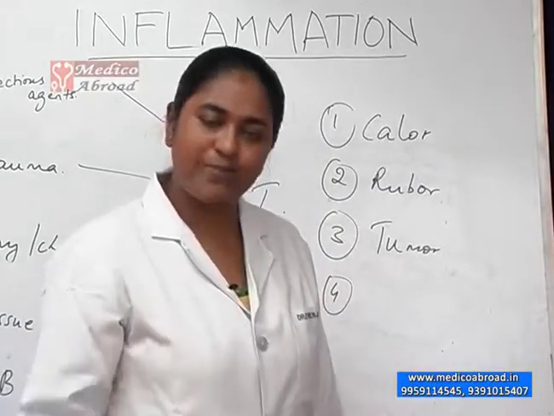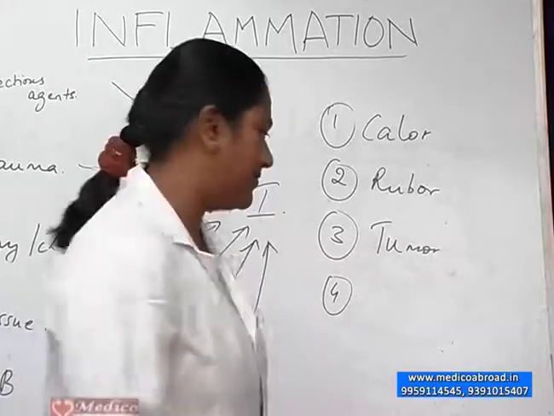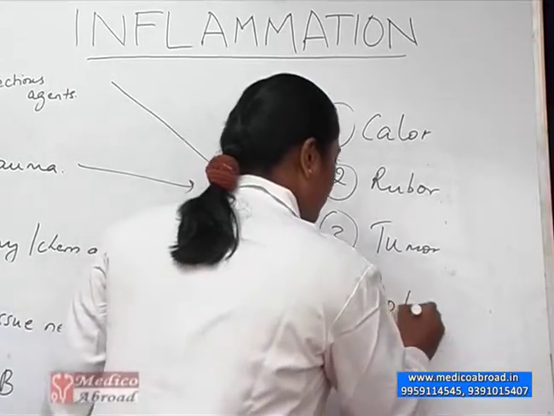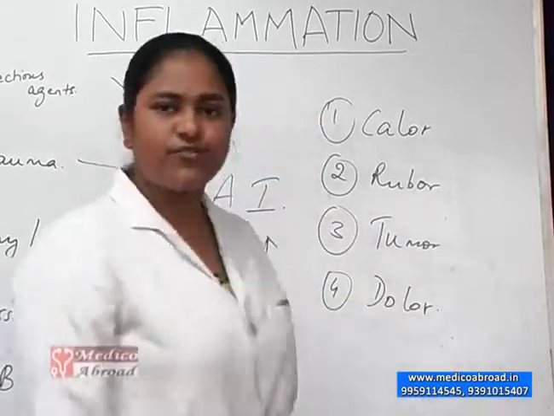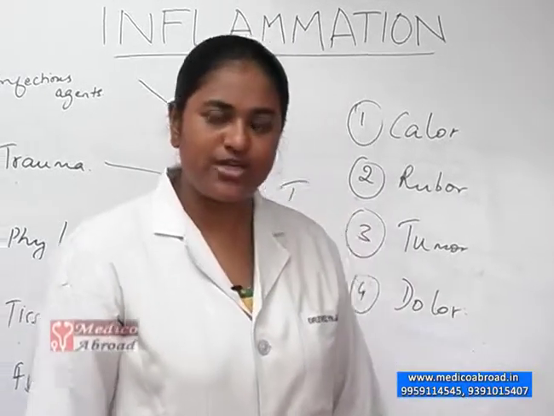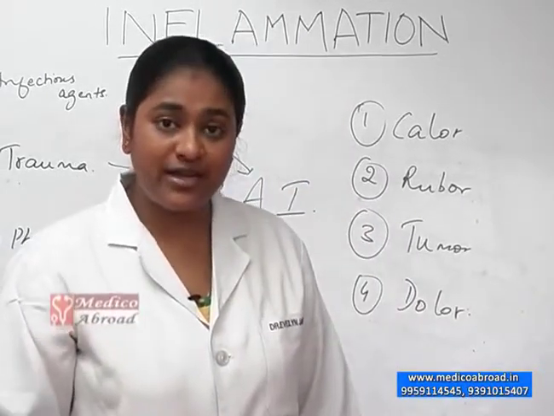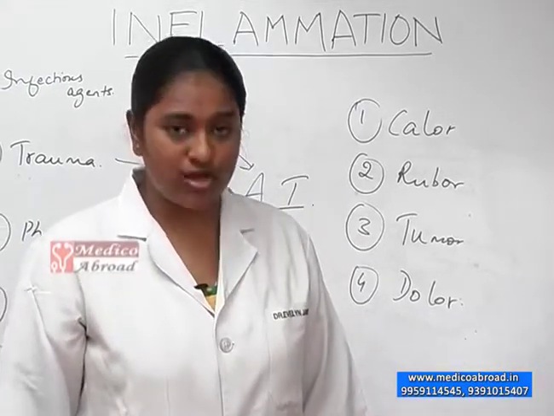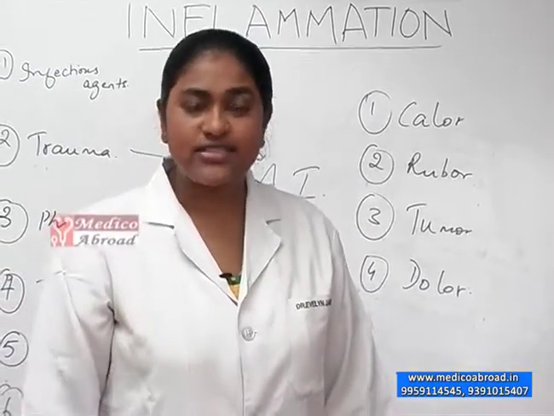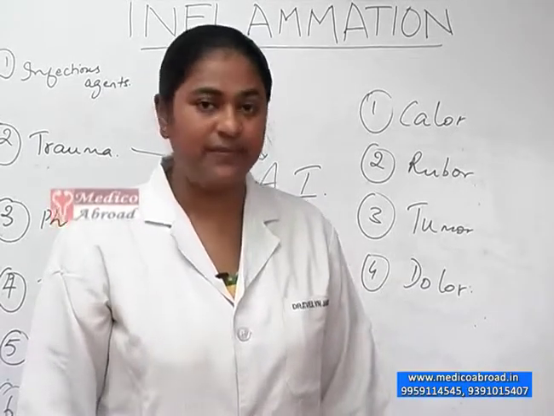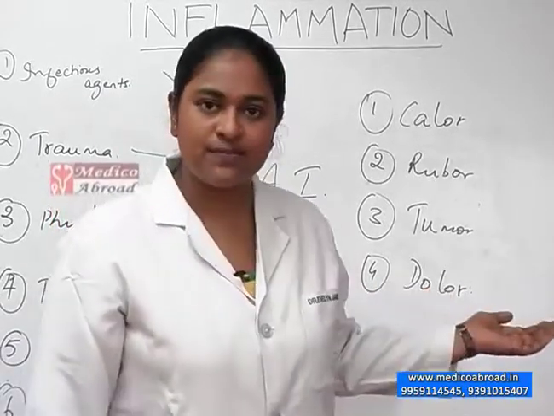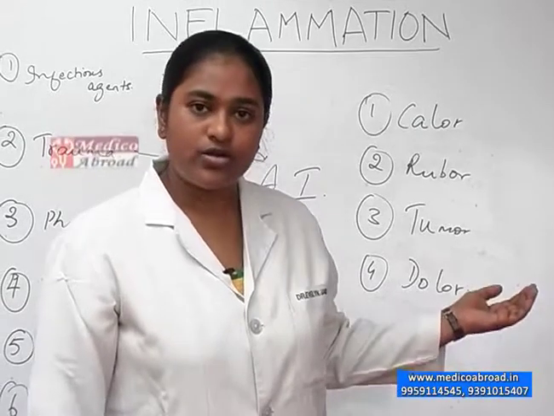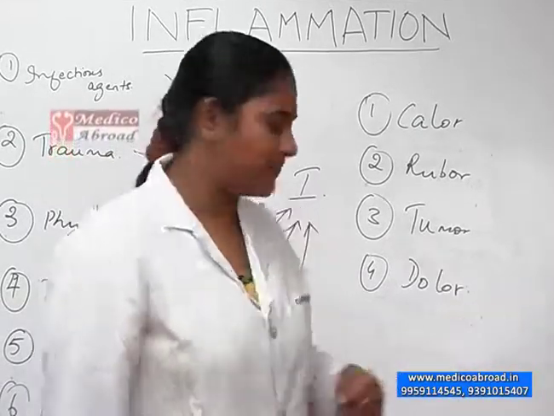Increase in pain or the presence of pain called dolor. These 4 characteristics of acute inflammation were actually revealed or discussed at length by a Roman pathologist called Celsus as early as the 1st century AD. So these responses were already known to physicians of old times.